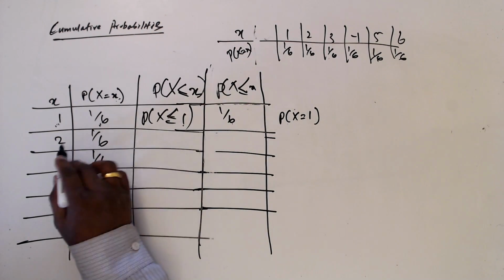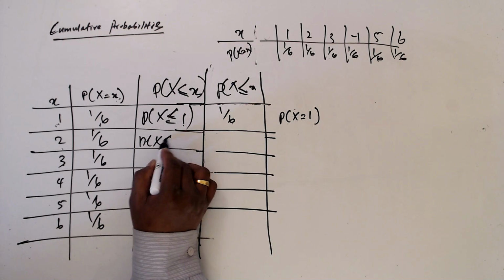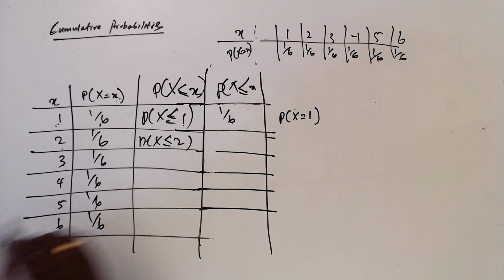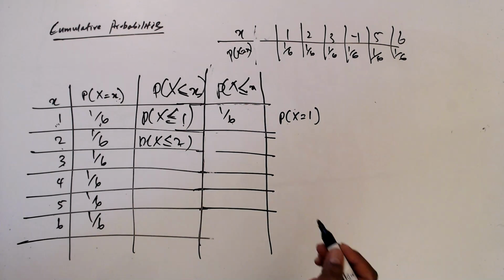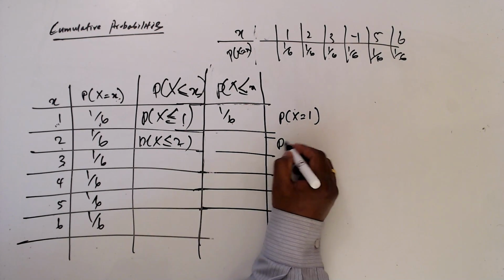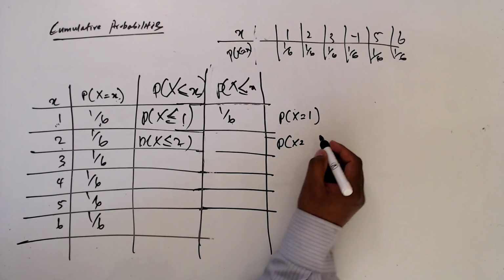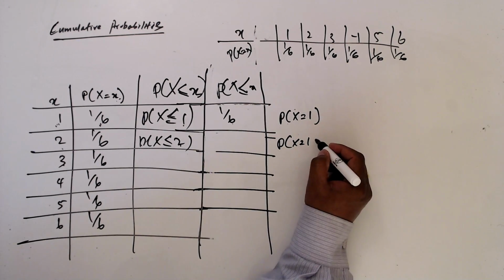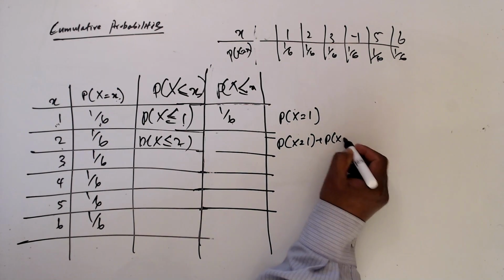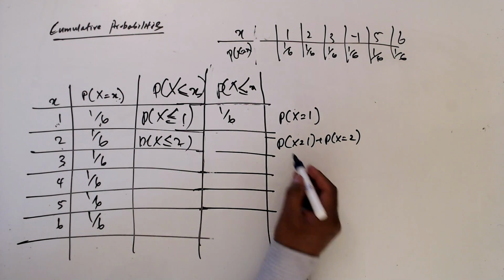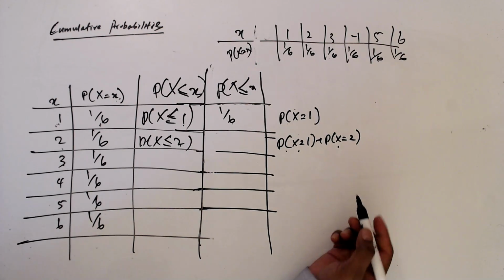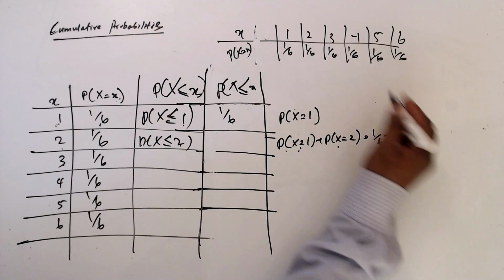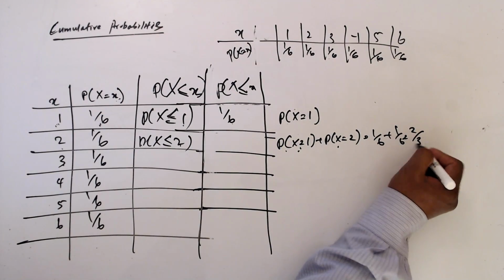Now here, when x is less than or equal to 2, what is the meaning of that? Probability of x equal 1 plus probability of x equal 2. You want to add both. Basically 1 over 6 for getting 1 and getting 2 is also 1 over 6, that is 2 over 6.